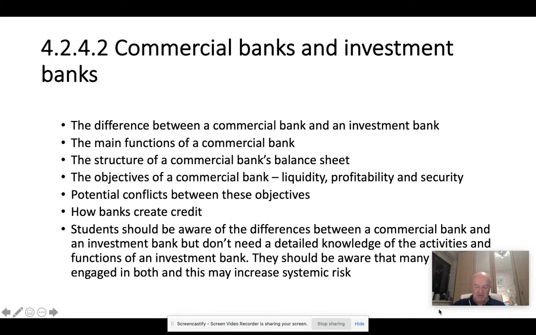And you don't need a very distinct knowledge of the functions of an investment bank, but you should certainly be aware of the fact that lots of big banks have both retail operations and also investment operations, and fundamentally some of the issues around the financial crisis was that the investment banks or investment arms of banks were taking massive risks to try to resolve some of the issues that they'd sort of created in a sense in the financial markets, and that then affected retail banks, and there's been some legislation that has been put in place by the central bank to stop that, as we'll see as we go.